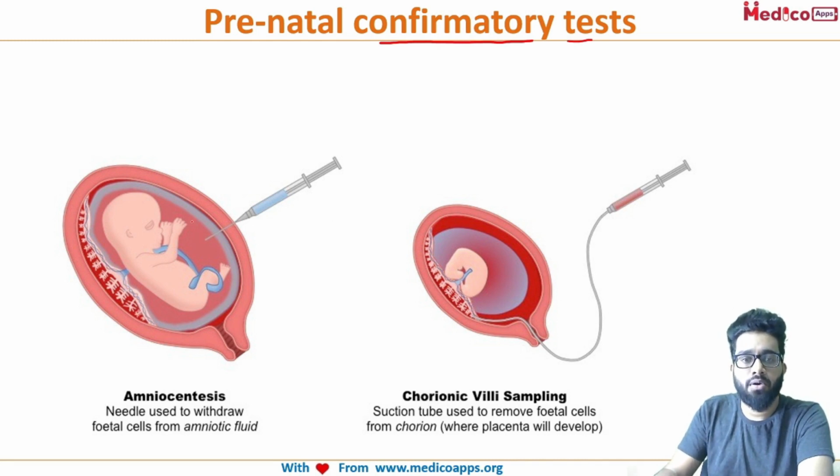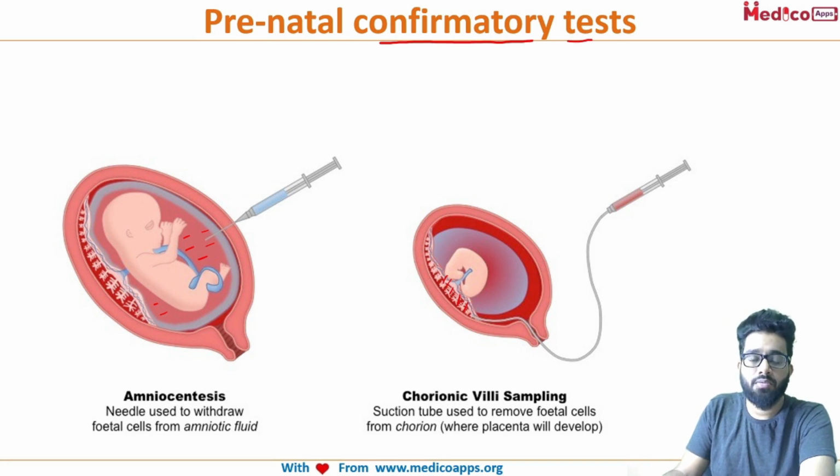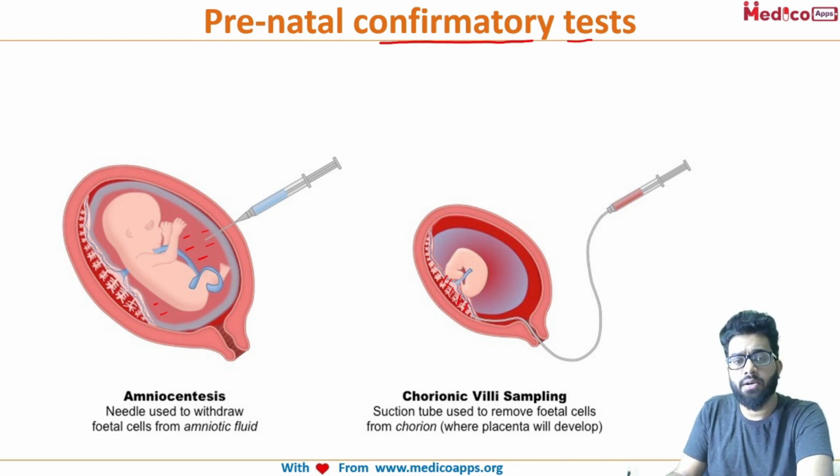You all know that amniotic fluid has fetal cells, and here we are directly taking the material from the villi, which is also fetal material. We are looking at the karyogram, the karyotype or the chromosomal microarray, directly in the fetal tissue. That is the reason it is a confirmatory test.